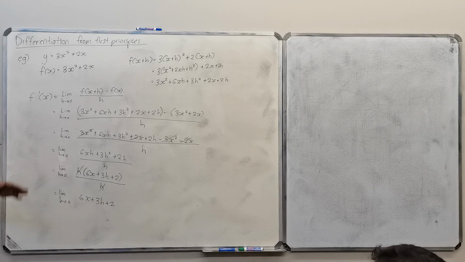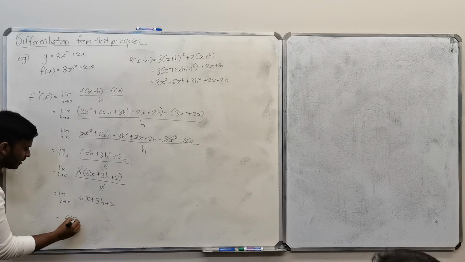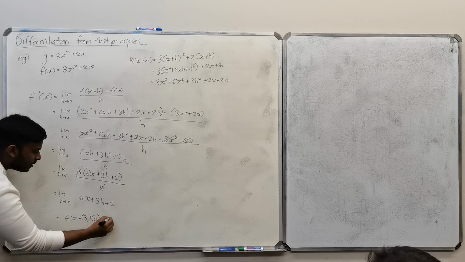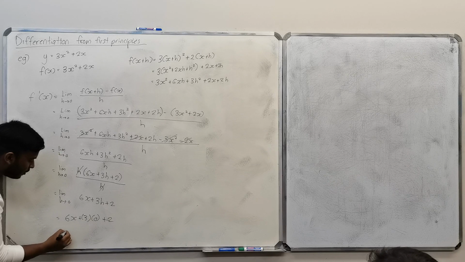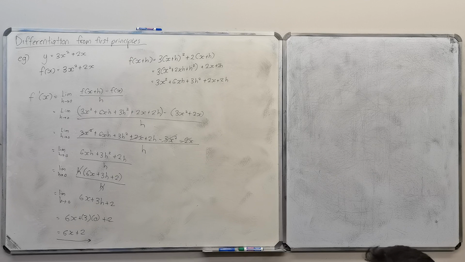Now I can introduce the limit: 6x plus 3 times 0 plus 2, which is 6x plus 2. That is f prime x, or the differential coefficient, or the formula for the gradient of the tangent to the graph at any point.